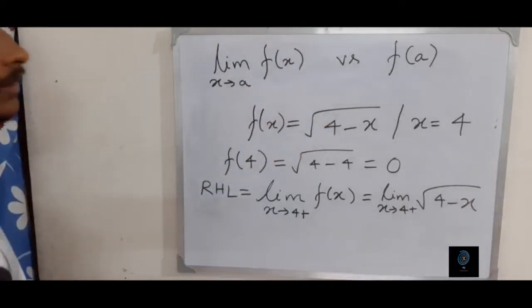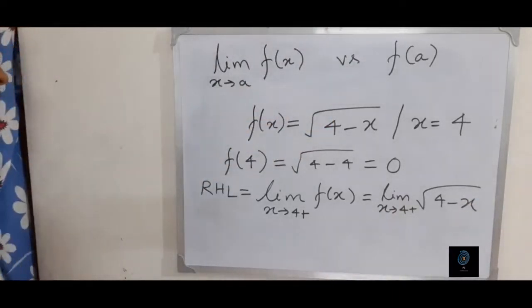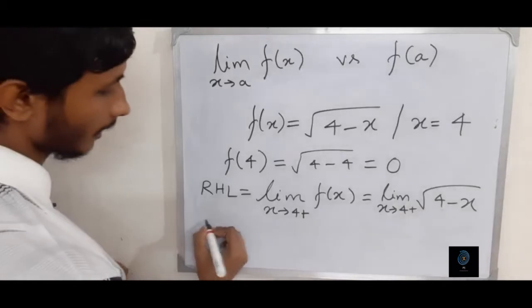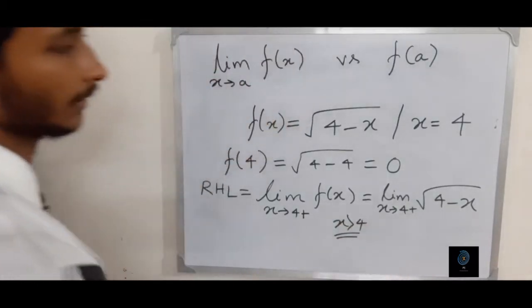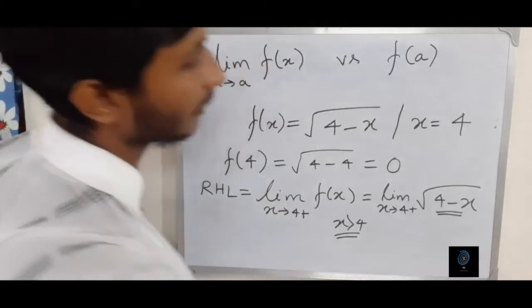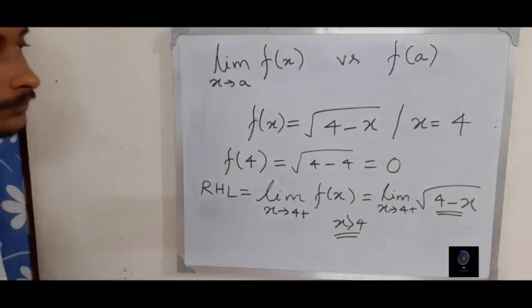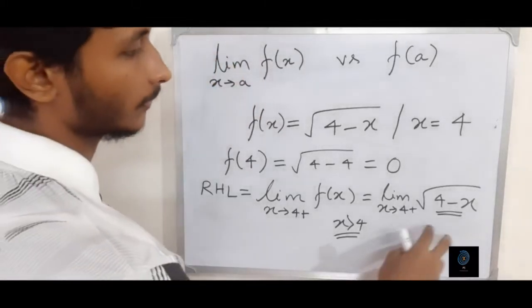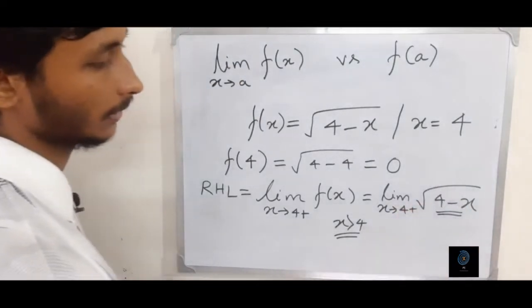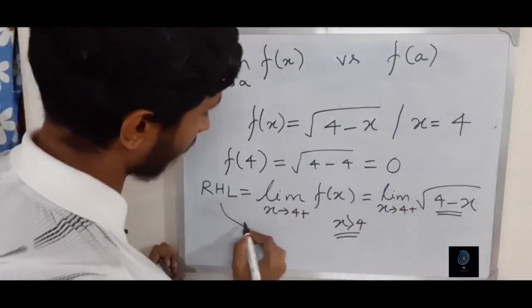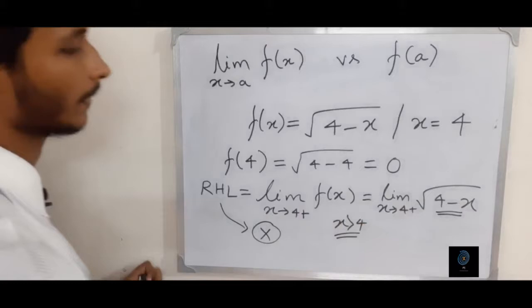Whenever x tends to 4 plus, we mean x is always greater than 4. So whenever x is greater than 4, this quantity 4 minus x is less than 0, that is negative, and in the system of real numbers we cannot take a square root of a negative quantity, so this right hand limit does not exist.